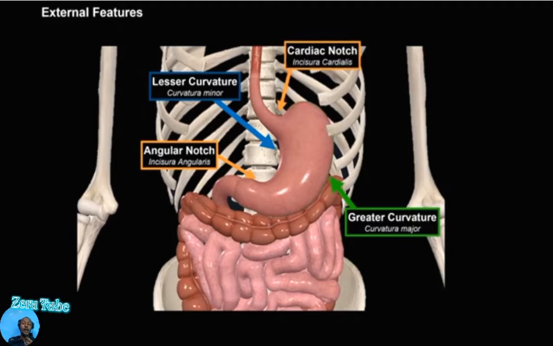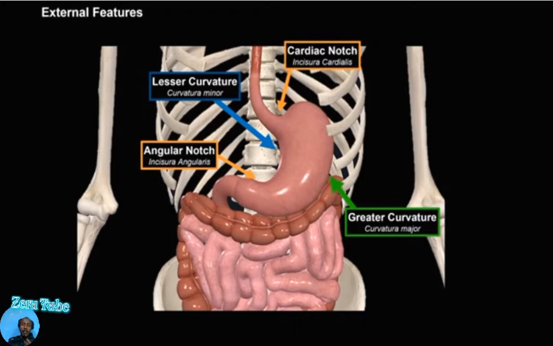It is mainly formed by the greater curvature, but the angular notch is formed mainly by the lesser curvature. The end point of the lesser curvature is the angular notch.